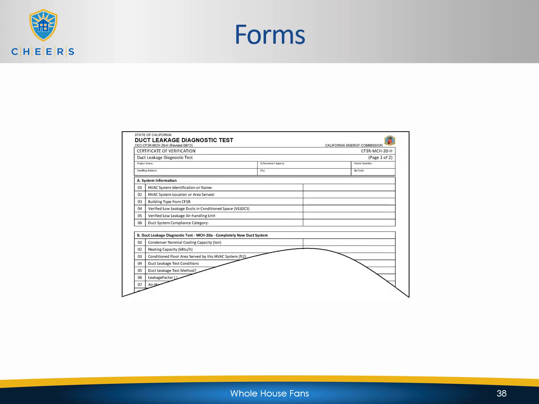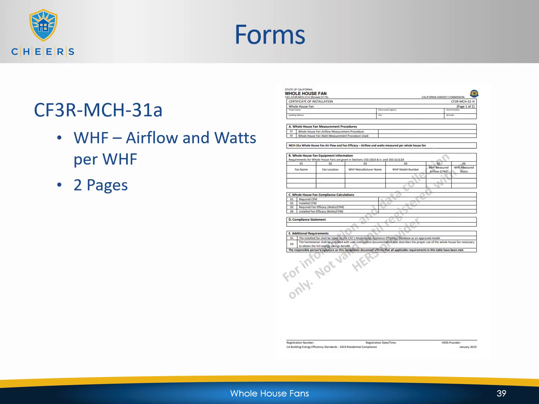So now let's look at the forms where you're going to be documenting your results. We'll start with the CF3R MEC 31A, and this is for the whole house fan, when the airflow and watts are measured per whole house fan. So for a single fan, you're going to measure airflow and watts for that fan.